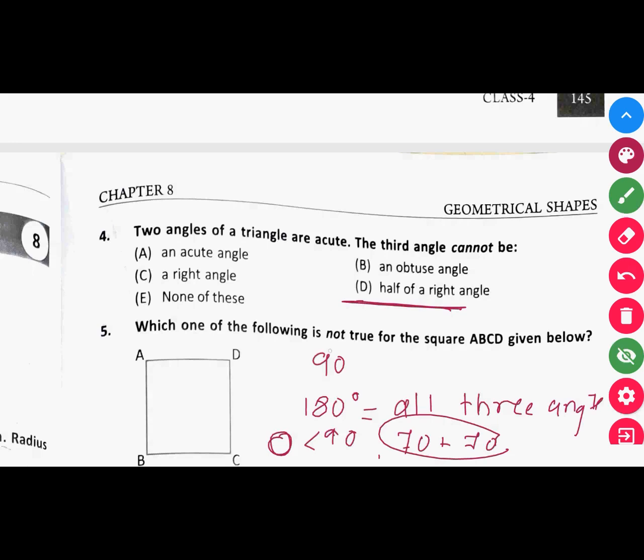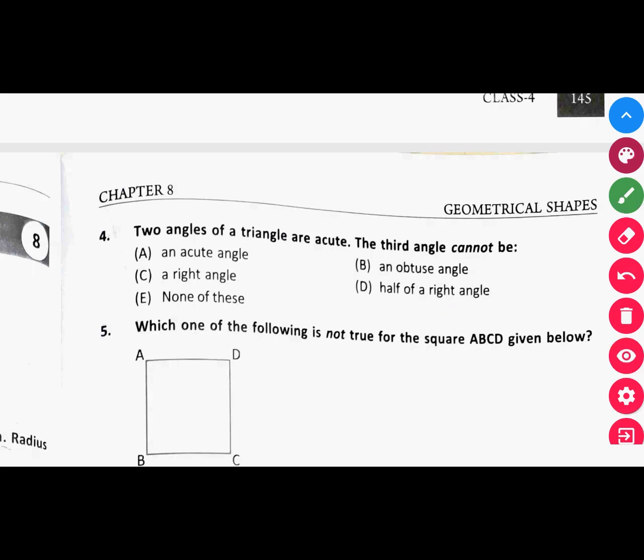So it is not possible because maximum acute angle is 60 degree in the equilateral triangle. Okay. So the third must be obtuse or right angle or an acute but not half of the right angle. That's my point.